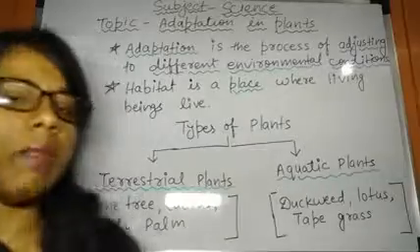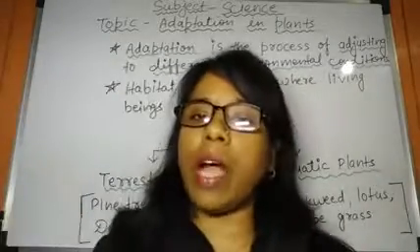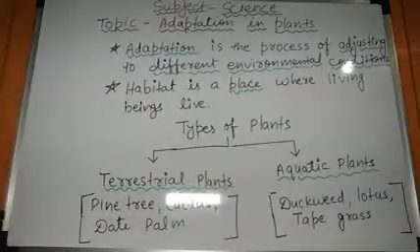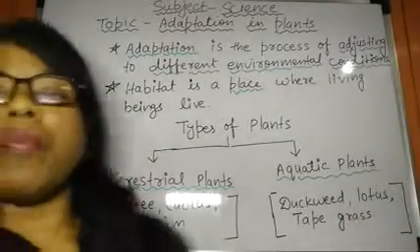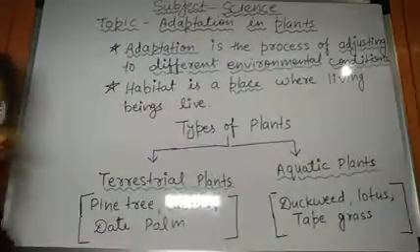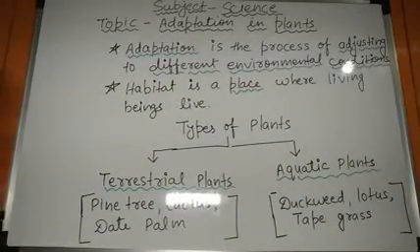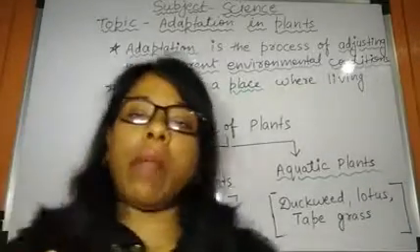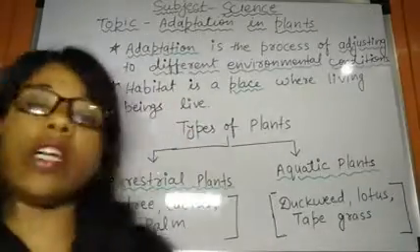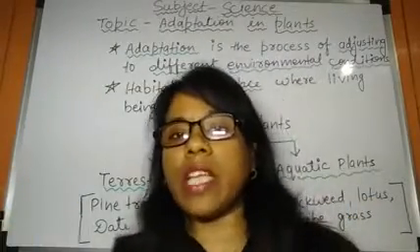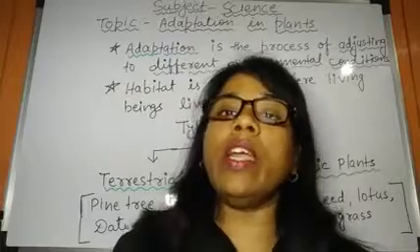Terrestrial plants are the plants that live on land. And aquatic plants are the plants that grow underwater or on the surface of water. Terrestrial plants are pine trees, cactus, date palm, etc. And aquatic plants are duckweed, lotus, tape grass, etc. So how they adapt themselves, that we will know in detail.